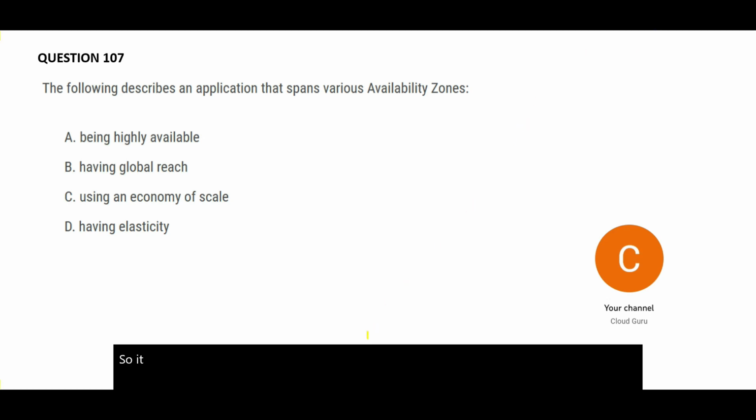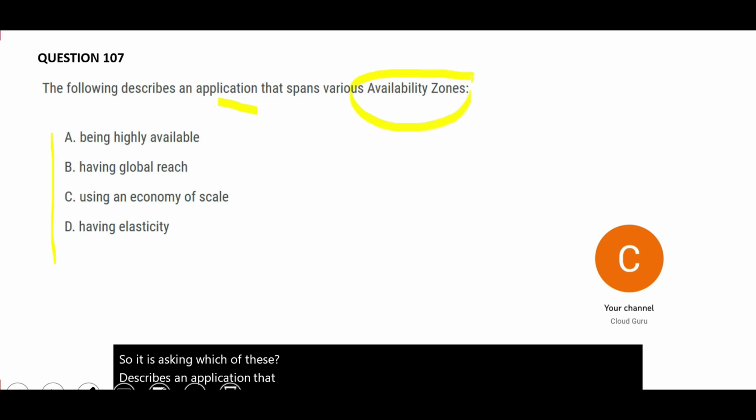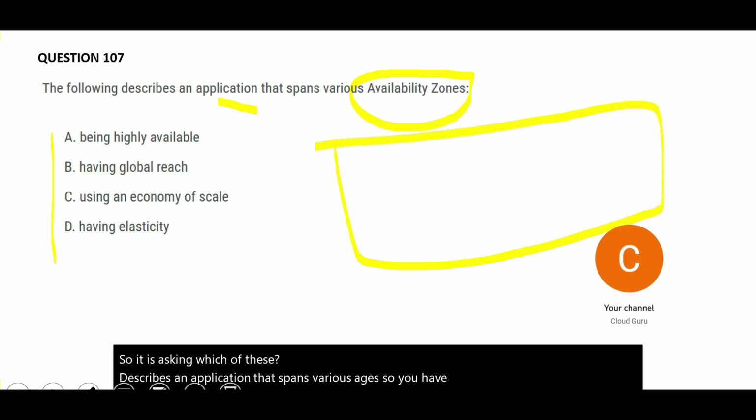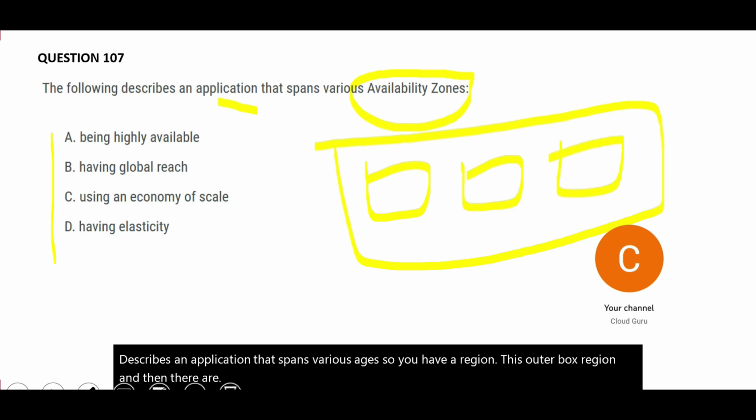So it is asking which of these describes an application that spans various AZs. So you have a region, this outer box region, and then there are three AZs.